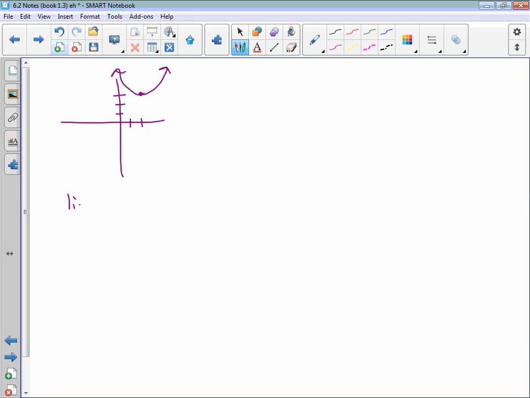So find for me the limit as x approaches 2. Actually, I'm going to squeeze 3 of them in here.